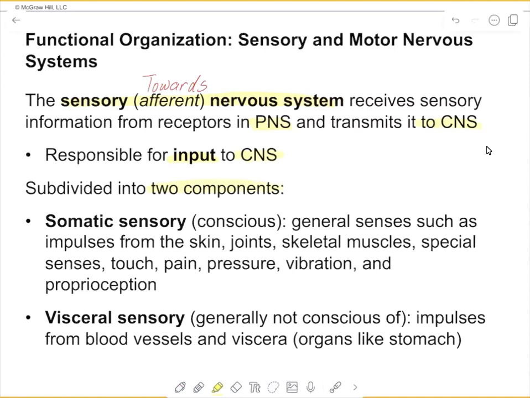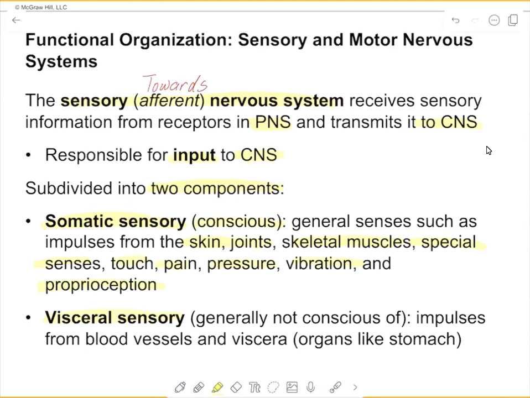If it comes from the general senses, such as impulses from the skin, joints, skeletal muscles, special senses, touch, pain, pressure, vibration, or what's called proprioception, it would be classified as somatic sensory. And specifically, it's conscious information that we are aware of. If it's subconscious information that we are not aware of, it's called visceral sensory.